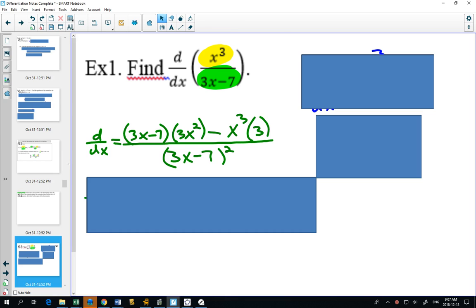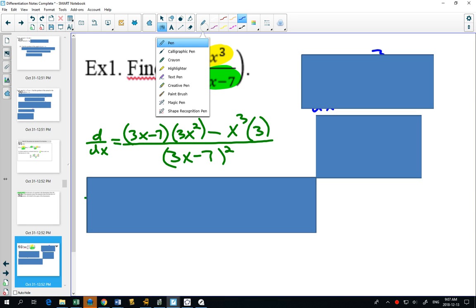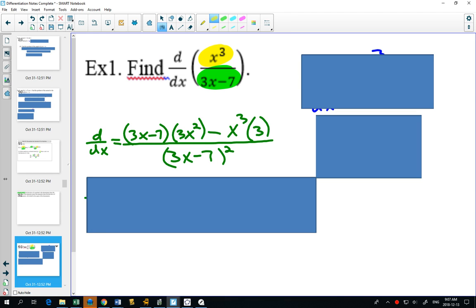Check how you did. I'm going to color code because it's so much fun. So the color-coded ones are where things stayed the same, and then beside them are derivatives of the other one.